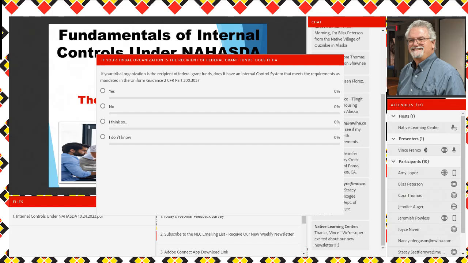This is a question on whether your tribal organization, TDHE, nonprofit, whatever it is, is the recipient of federal grant funds. Do you have an internal control system that meets the requirements mandated in the uniform guidance as it currently exists?